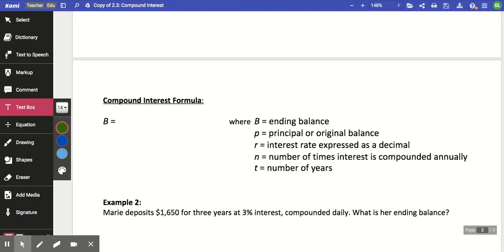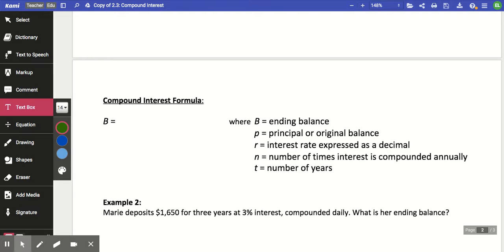So those are 3 of our parameters, and then the exponent itself is changing, so that has to do with the variable. And then obviously our ending balance itself is changing, so that would be our other variable.